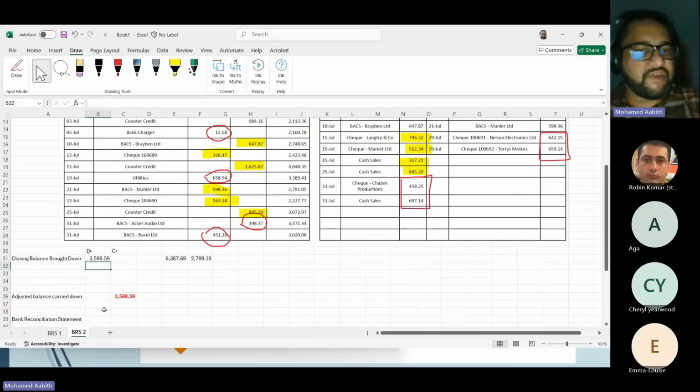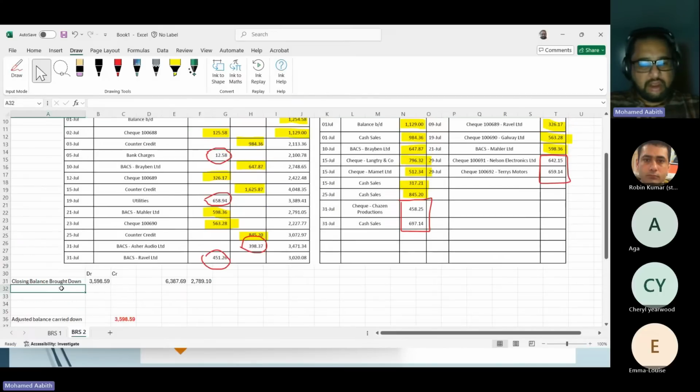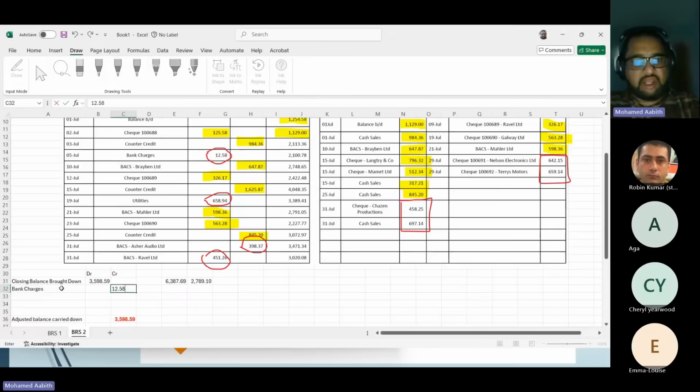So what are the entries we need to make? We need to put these three on the credit side and that one on the debit side. So let's start here. The first one is bank charges. How much is that for? 12 pounds 58. Then we have utilities for the value of 658 pounds and 94 pence.